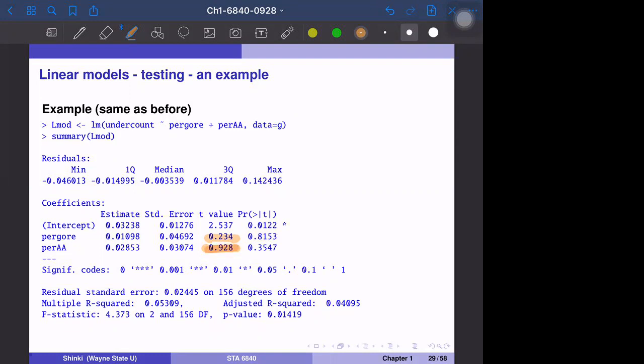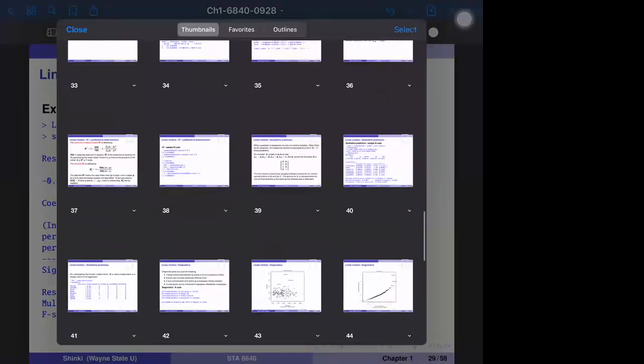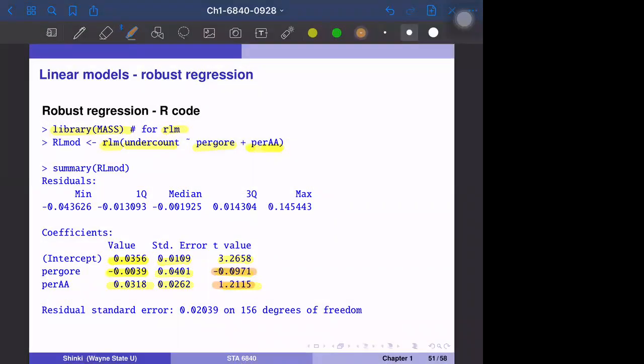Last time with the lm function it was 0.928, but now it is 1.2115. So in some sense, the result gets clearer. That doesn't mean it's good, but if we use the robust method, the situation gets better.